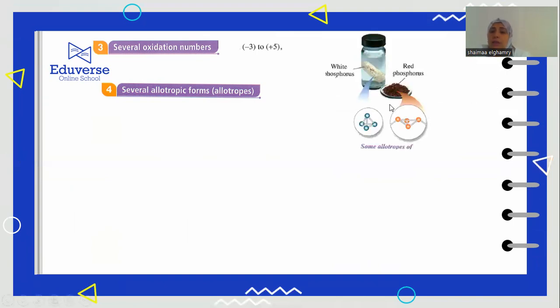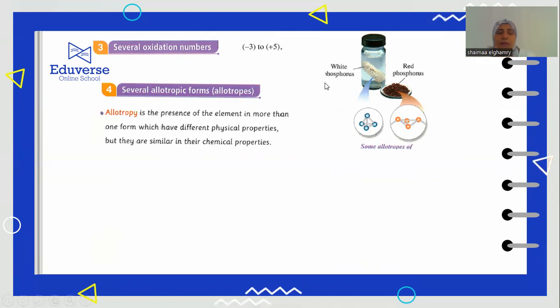As you can see with phosphorus, we have 2 shapes, or 2 colors, of phosphorus: white phosphorus and red phosphorus. This is related to what? The arrangement of atoms in their stereo structure. So allotropy is the presence of elements in more than one form which have different physical properties, but are similar in chemical properties.